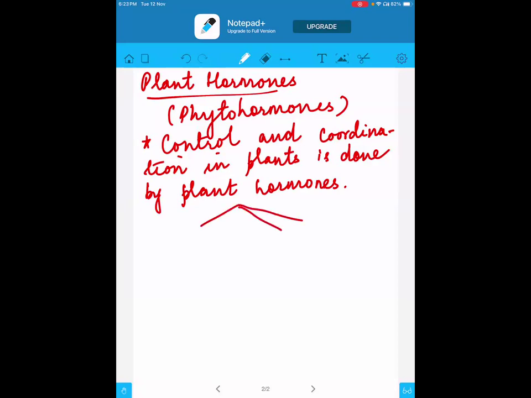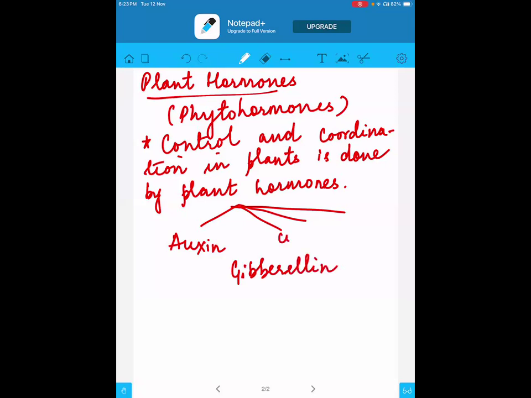So four different types are there. The first one is auxin. The next one is gibberellin. And children, you should learn the spelling also: gibberellin.